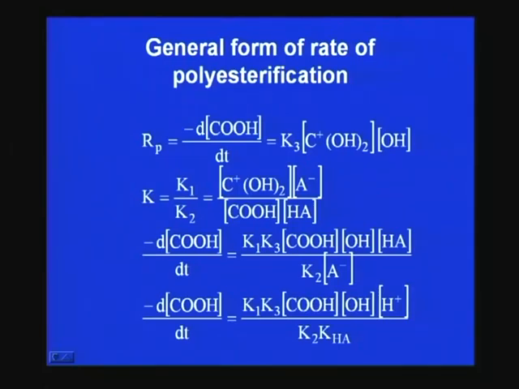So rate is calculated here by the time taken by you people to go out of this room: the number of people going out divided by time, that is the rate. Two persons in 5 seconds, so 2 by 5 gives you an idea of the rate. Here also, how many carboxyl groups or hydroxyl groups are exhausted?